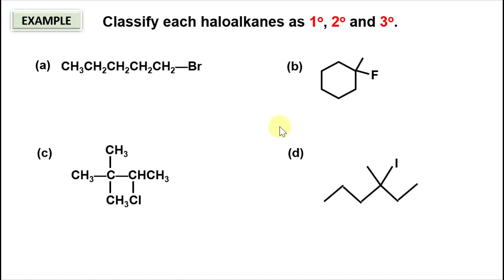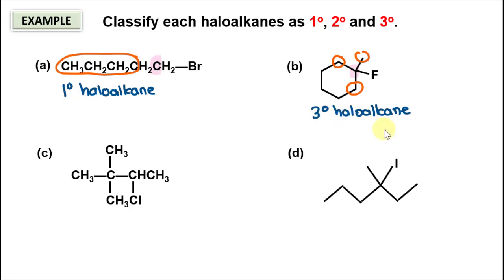Let's have a look at an example of how we classify each haloalkane. For the first structure, this is the carbon atom directly attached to the halogen group. Since there's only one alkyl group attached to it, it is classified as a primary haloalkane. For the second structure, this is the carbon atom attached to the halogen group. Since there are three alkyl groups attached to it, it is classified as a tertiary haloalkane.